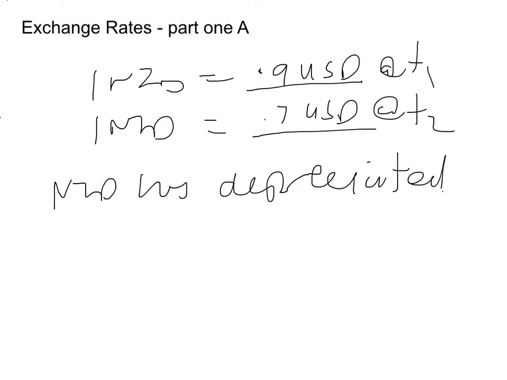Now, what I want to show you is that with a floating exchange rate, if one currency has depreciated, then the other currency has appreciated. So we can say the New Zealand dollar has depreciated against the US dollar.